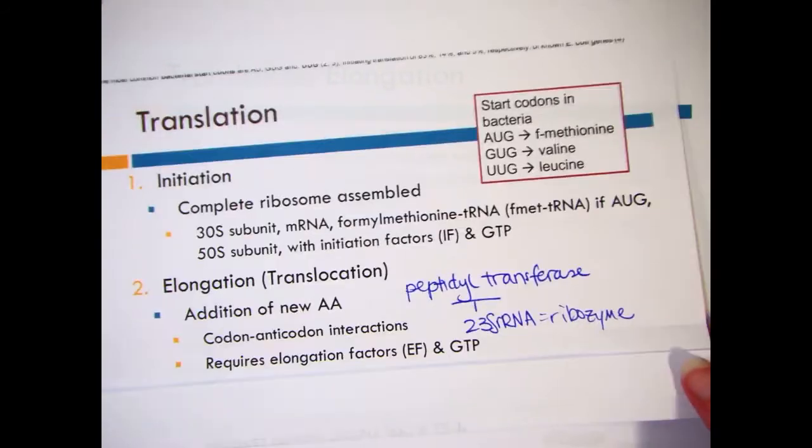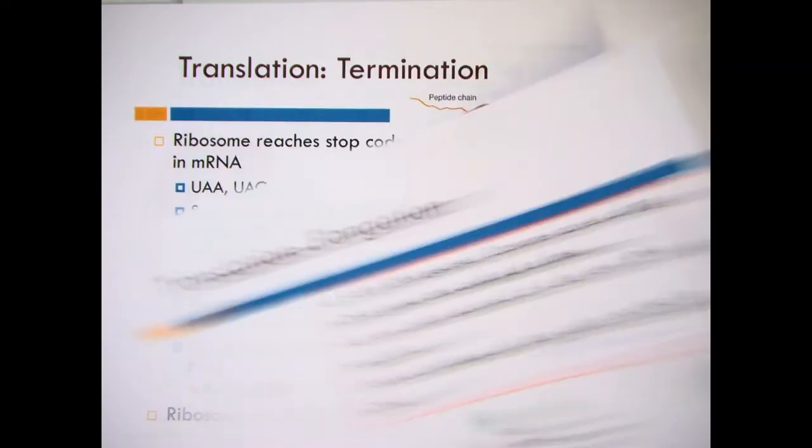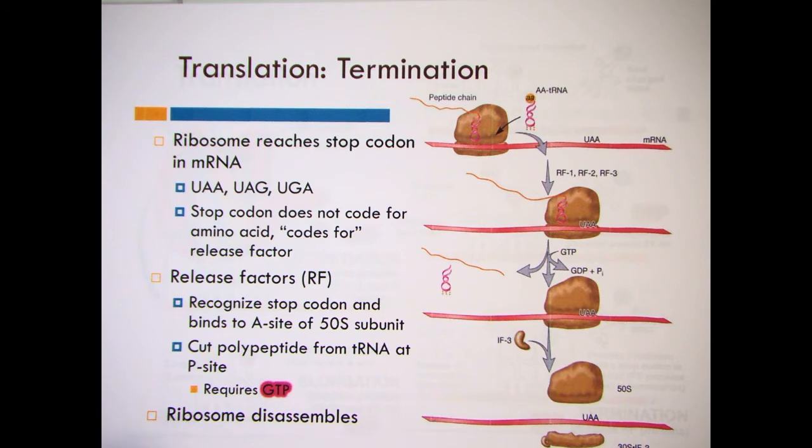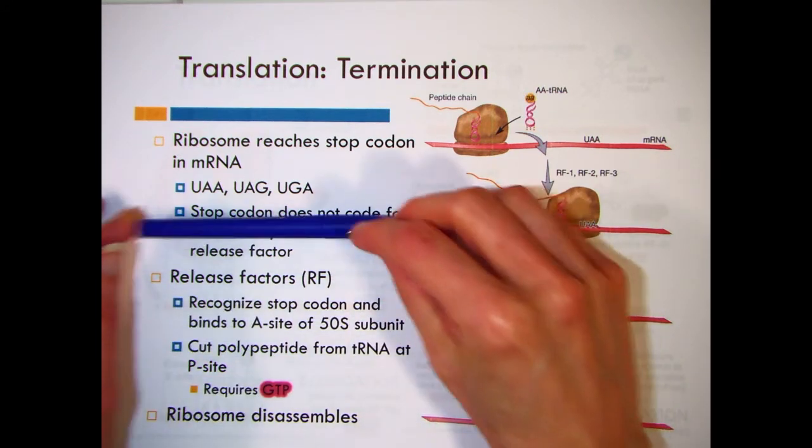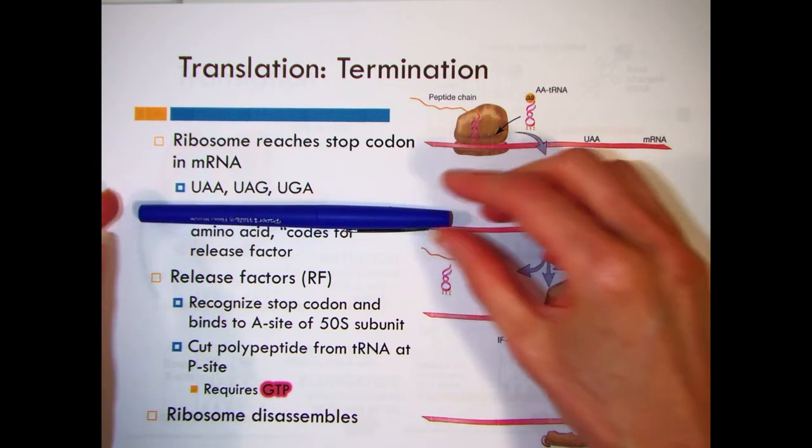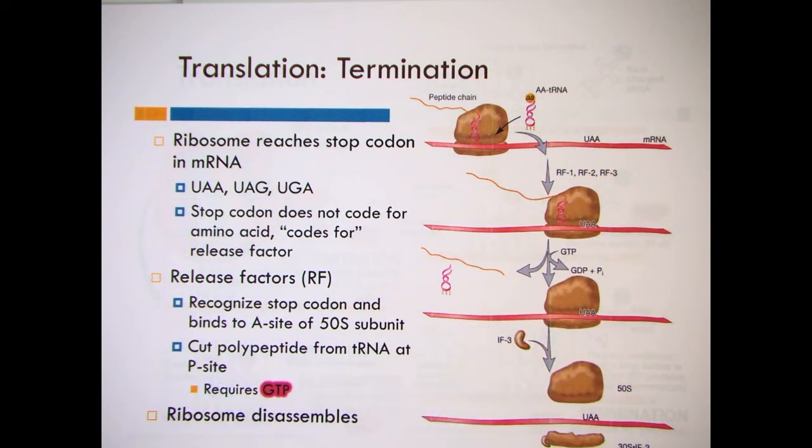Okay, so once we get totally finished with this, then eventually the ribosome will go down until it reaches a stop codon, of which there are 3. These are them here. And so the stop codon does not code for a tRNA to come in. It codes for a separate protein called a release factor.